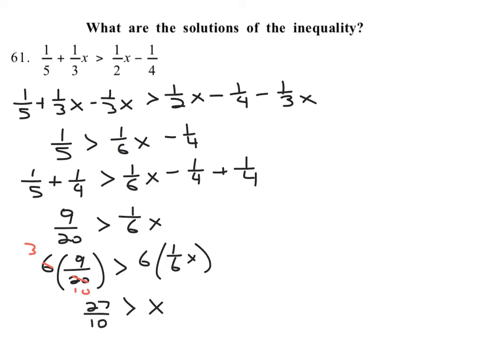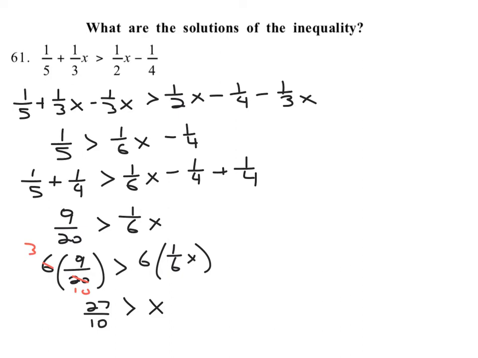And when we multiply now, we get 27/10. And if you look on the answer key, you see they leave it as 27/10, but they have x on the other side. Just the way that they solved the problem, x ended up on the left-hand side. Does not matter. What matters is x is on the small side of the inequality.